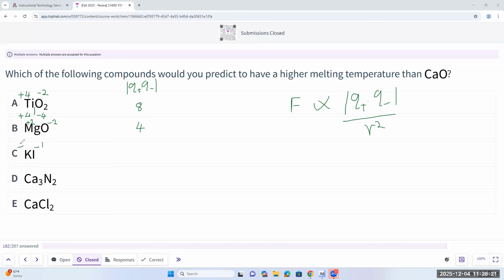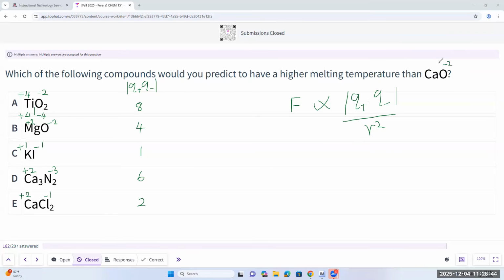And KI, iodine is -1 always, potassium is always +1, the charge product is 1. And calcium nitride, nitrogen must be -3, calcium must be +2, the charge product is 6. Calcium chloride, chlorine is -1 always, and calcium is always +2, therefore the charge product is 2.